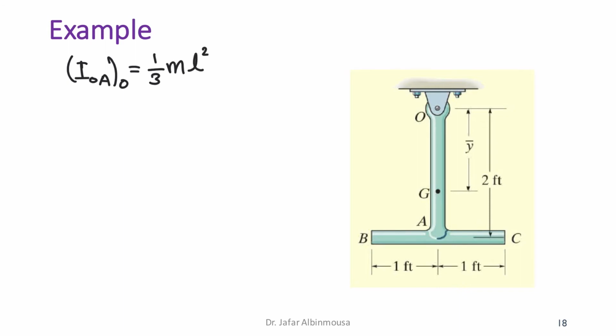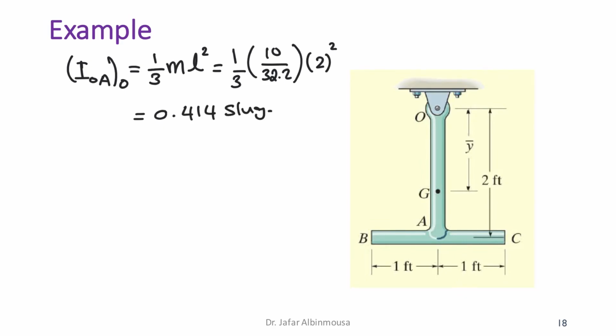So if I substitute, I will have 1 over 3 and then 10 pounds divided by 32.2 feet per second squared, and then I have to multiply this by the length, which is 2 feet square, and I will get the moment of inertia as 0.414 slug feet square.